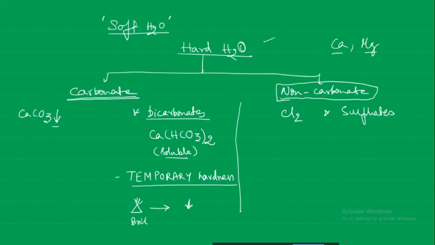Suppose non-carbonates are there. The non-carbonates, for example, calcium sulfate. If these kind of things are there, then it will result in what we say permanent hardness.